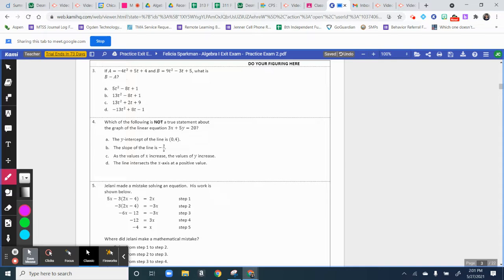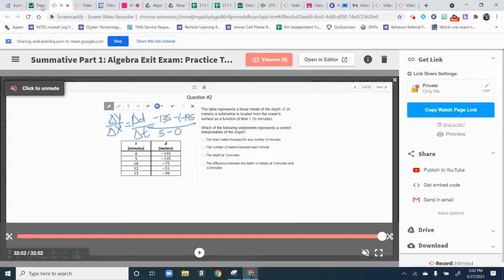Oh, it's okay. So first, if it's B minus A, you're gonna do 9t squared minus 4t squared, which is 5. No. Oh, what did you do? I don't know what I'm doing. Get out of here. I can't write on that.